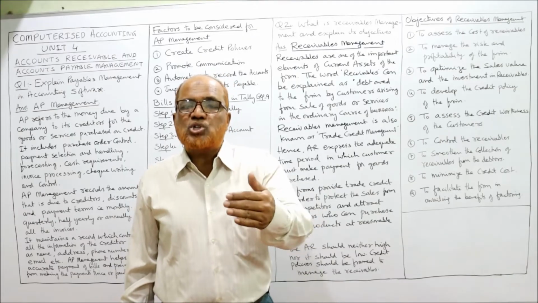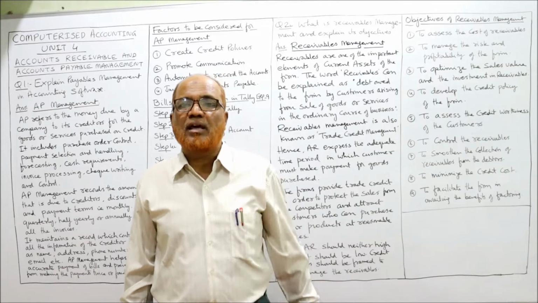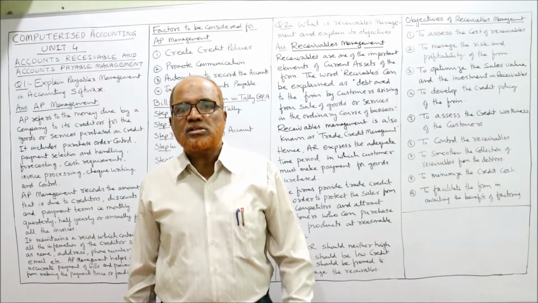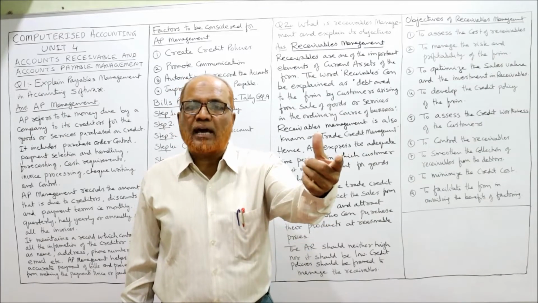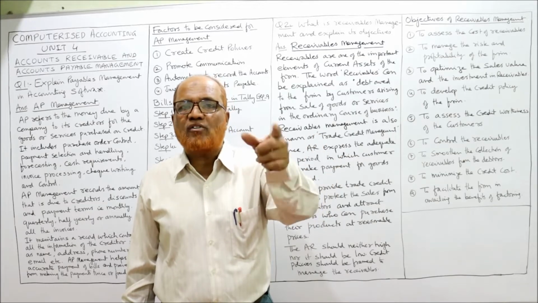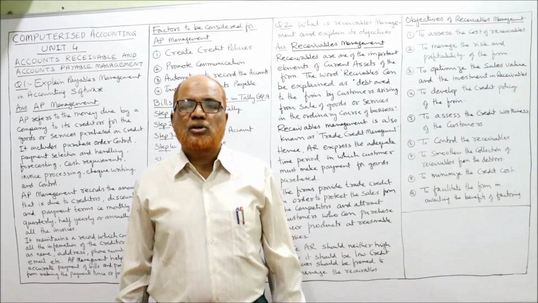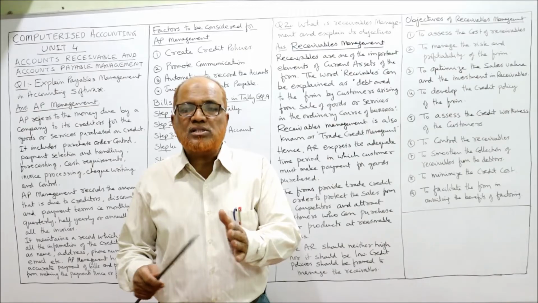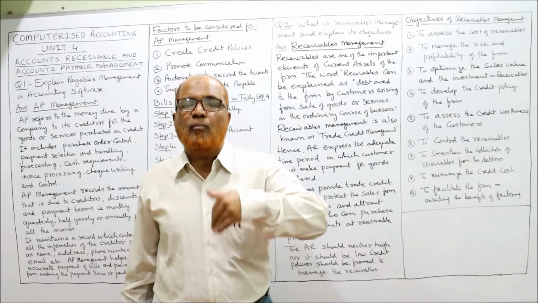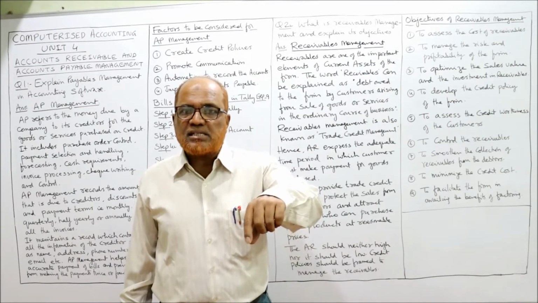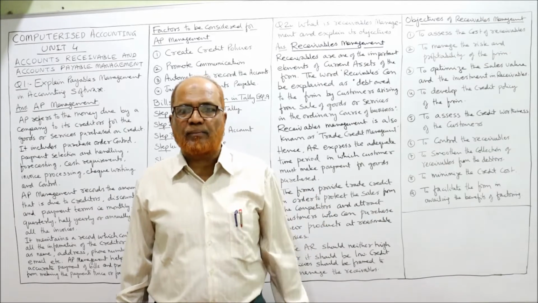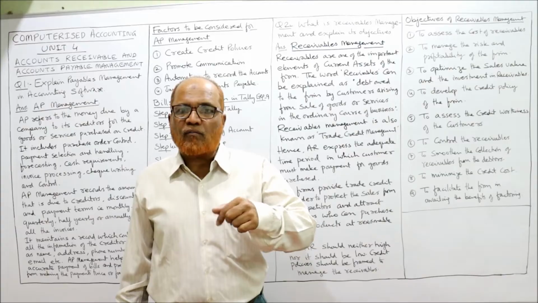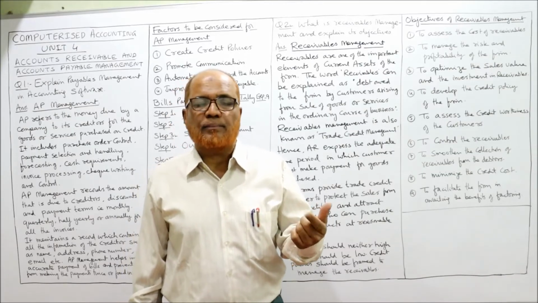Similarly, there are more chances of bad debts, irrecoverable debts, because money delayed is money denied. If we give more time, the chances of bad debts will arise. So a number of consequences will arise if we give more credit period. So neither less nor more. An adequate credit period should be given so that our profitability should also be there.